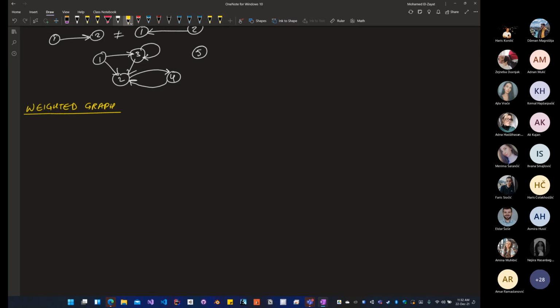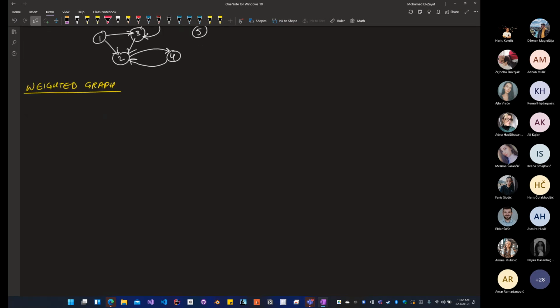By definition, it's a graph which includes weight information on connecting edges.